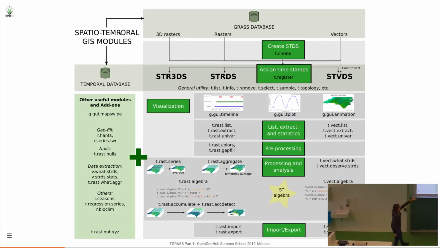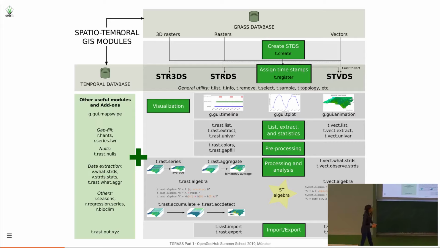For visualization, for example, we have modules starting with g.gui. For the timeline, we can do g.gui.tplot, clicking anywhere on a map. If that map belongs to a time series, we can then see how the time series looks in that pixel. So we get plots like that.